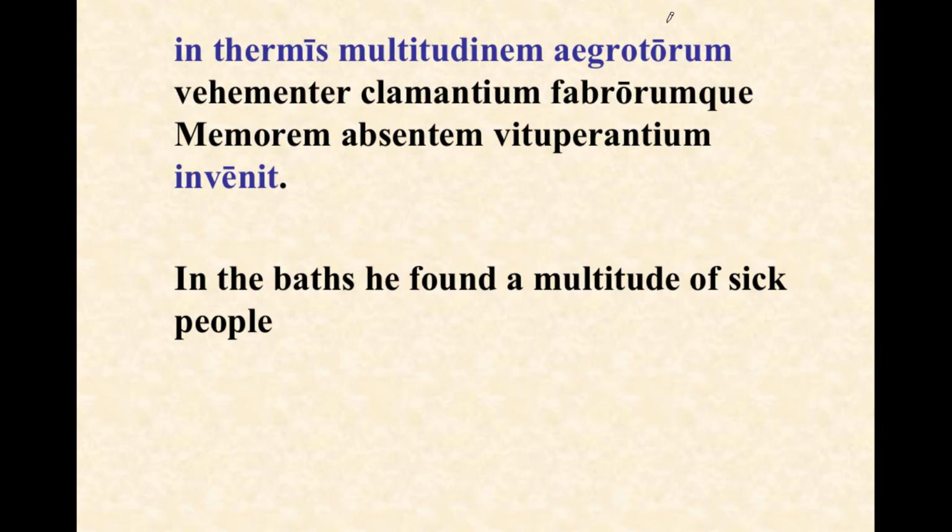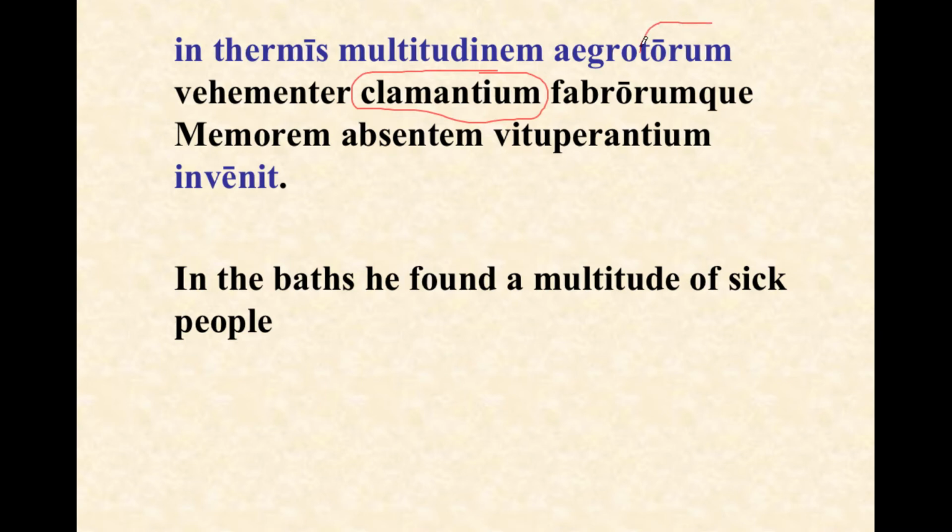Now, here's where this sentence is going to get very interesting, okay? This multitude of sick people are doing something, okay? There's going to be a present active participle describing the sick people as being in the act of shouting.